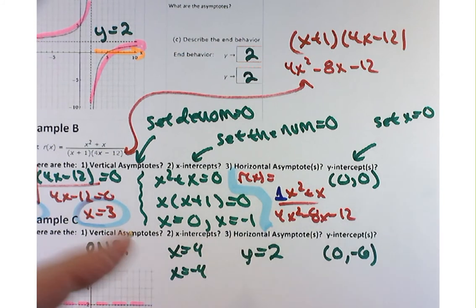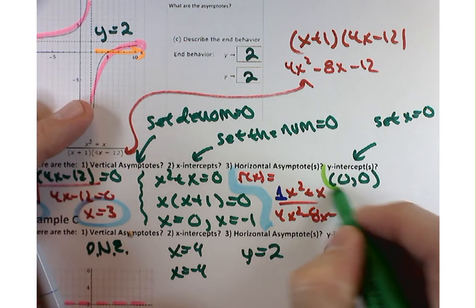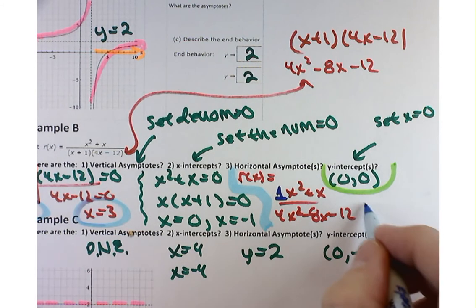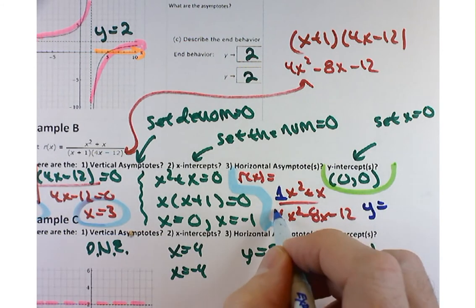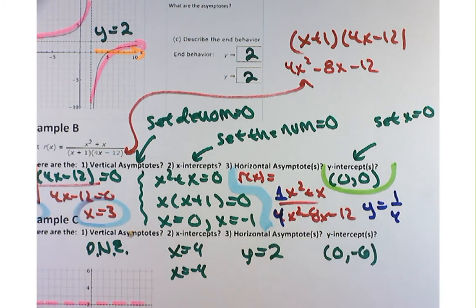So that's going to help me out in terms of figuring out what the actual asymptote is going to be. It's going to be y equals 1 over 4. That's going to be your horizontal asymptote, because it's the ratio of the leading coefficients, and that's as far as you've got to look with it. That's it. You're done with that part.